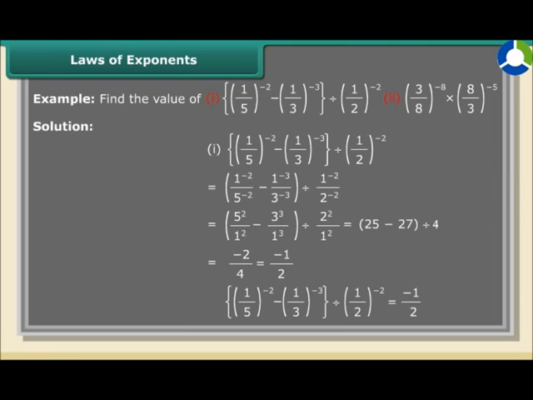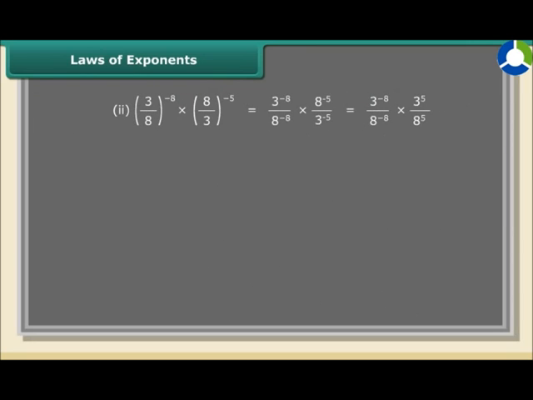So (1 upon 5) raised to the power minus 2 minus (1 upon 3) raised to the power minus 3 divided by (1 upon 2) raised to the power minus 2 is equal to minus 1 upon 2.